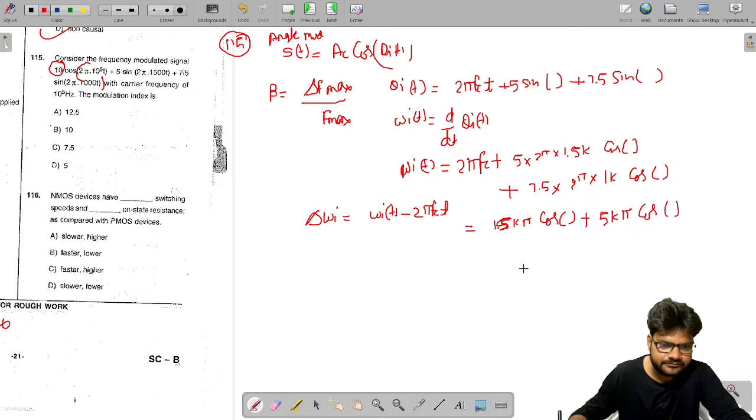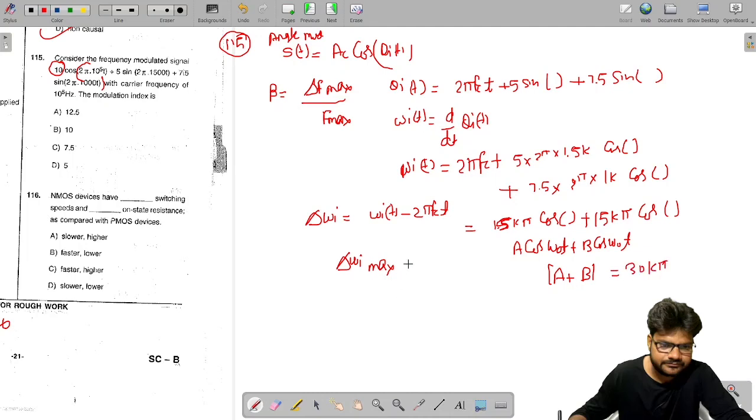Okay, and if we take delta omega i maximum, then this is of the form a cos omega naught t plus b cos omega naught t. Its maximum is going to be mod of a plus b. So this is going to be 15k, and this is also 15k, so this is going to be 30k pi, right.